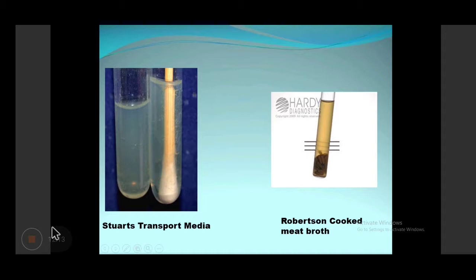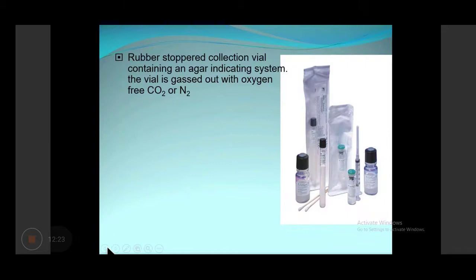These are the methods to collect the anaerobic specimen. These are the collection devices containing an agar or indicator system, which is free of oxygen, free of CO2, as well as free of N2.